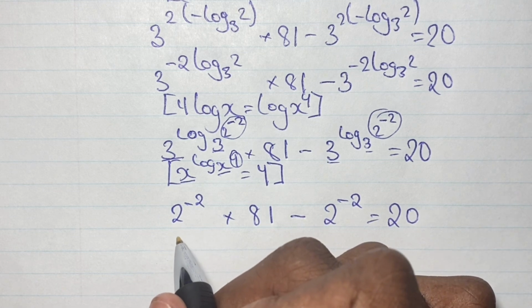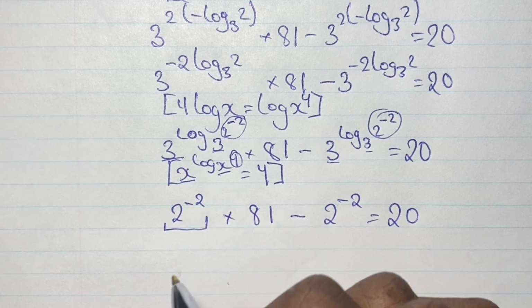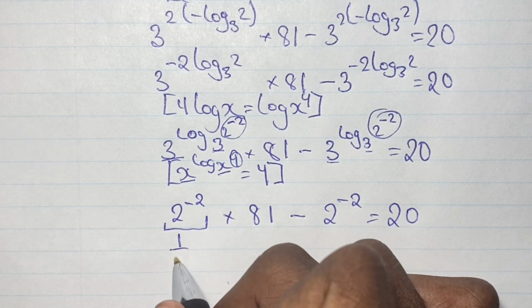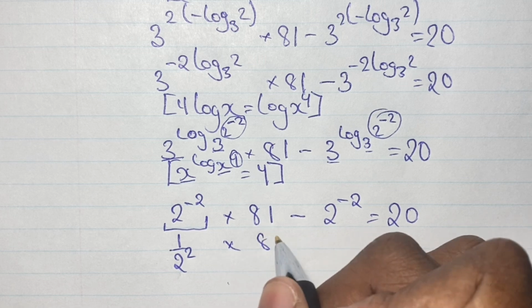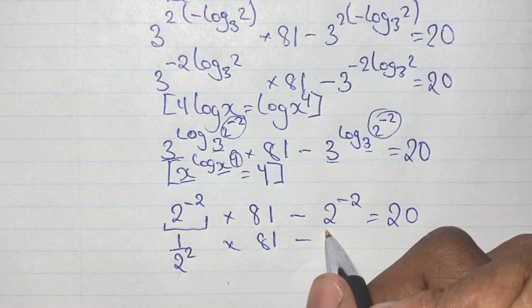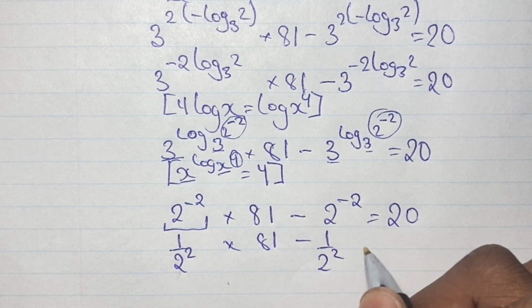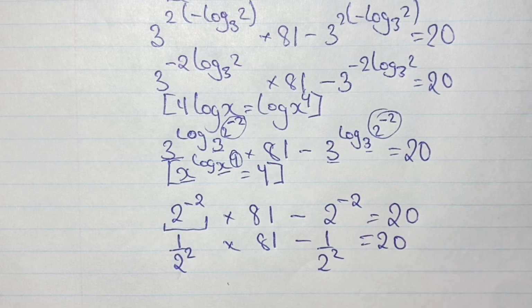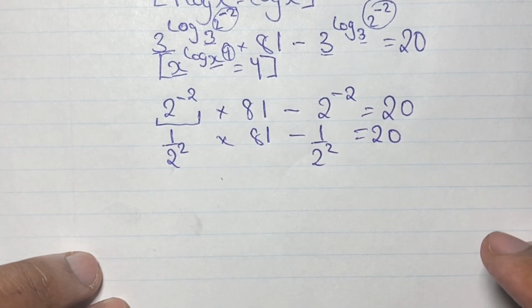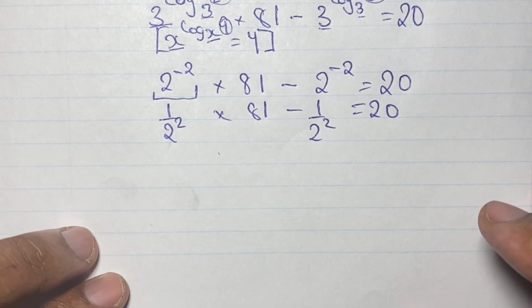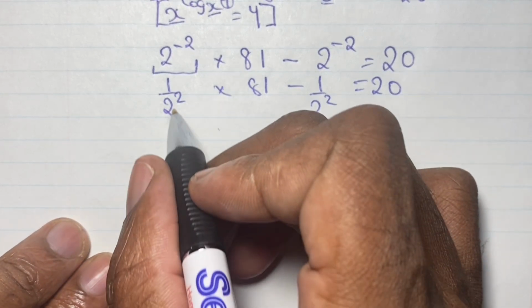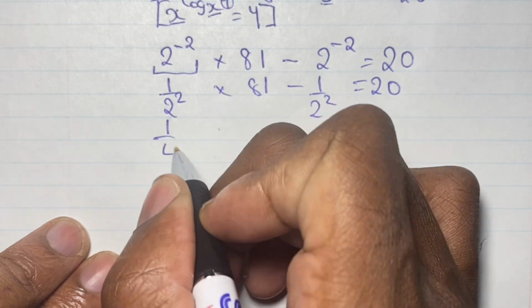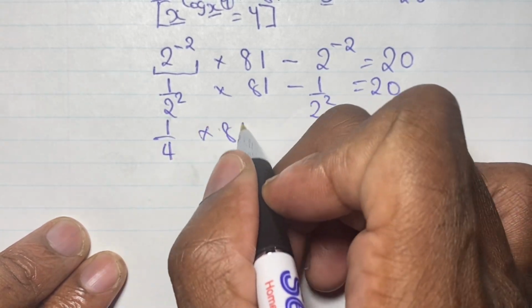Now 2 to the power of negative 2, whenever we have a negative power, it means a reciprocal. So we would have 1 over 2 squared times 81 minus, and we would have the same thing, 1 over 2 squared. And again this all equals 20. So 1 over 2 squared means 1 over 4, as 2 squared is 4.